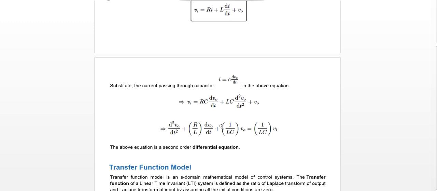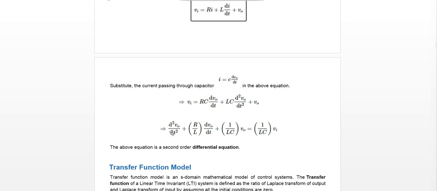So rearranging the formula, we can get d squared VO over dt squared plus the ratio R over L times dVO over dt plus 1 over LC VO is equal to 1 over LC VI.